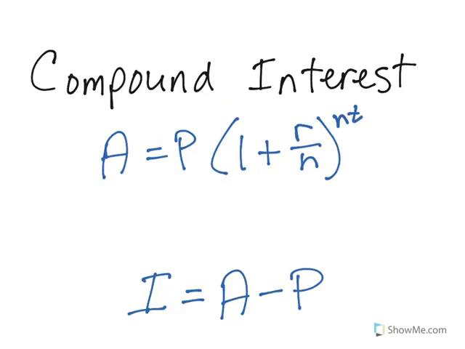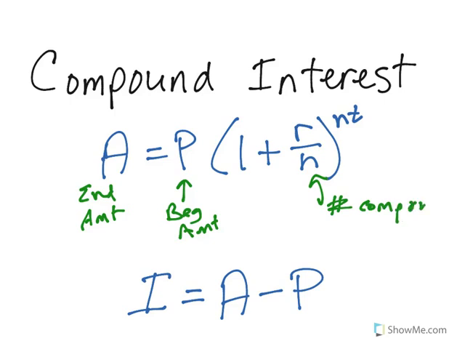For compound interest, this is the ending amount, equals that beginning amount, the principal, times 1 plus the rate over N. N is the number of times you compound in a year. So if it's monthly, then N would be 12. If it's daily, N is 365, all that fun time.